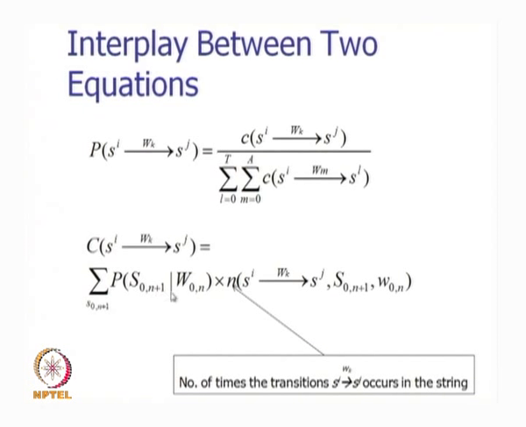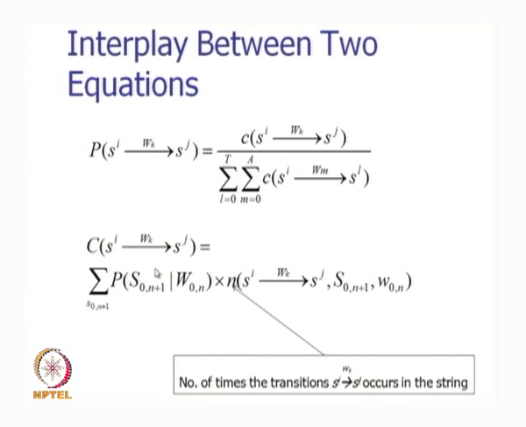We weight this number by the probability of the state sequence given the observation sequence, and we have to take this expression for all possible state sequences which result from this observation sequence. That is why there is a sigma over all possible state sequences S 0 to n plus 1 given the observation sequence.